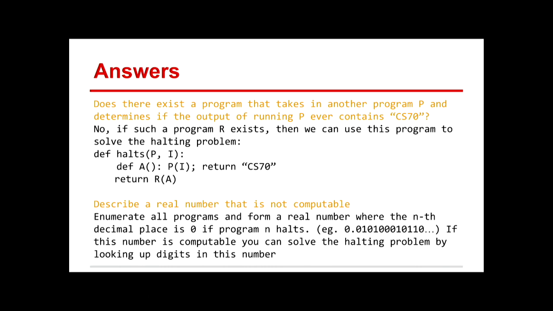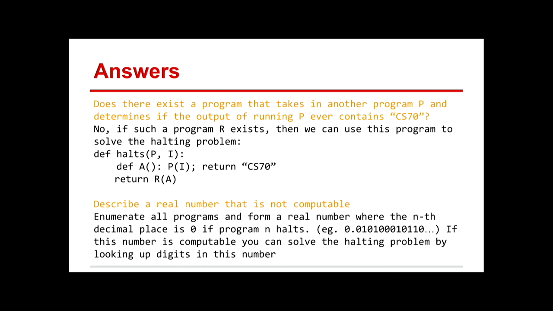So the second question is: describe a real number that's not computable. You could encode the result of the halting problem. You can write down a list of all possible programs, because there's a bijection from all programs to natural numbers, so you can write them down in a list, and next to each program, write 1 or 0.